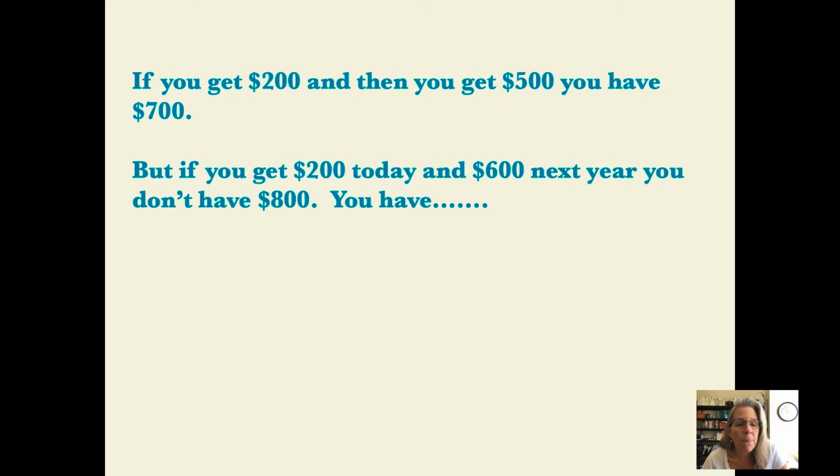So if you get $200 and then you get $500, that would be $700. But if you get $200 today and then $600 next year, you don't have $800. You have to include the difference in the timing.